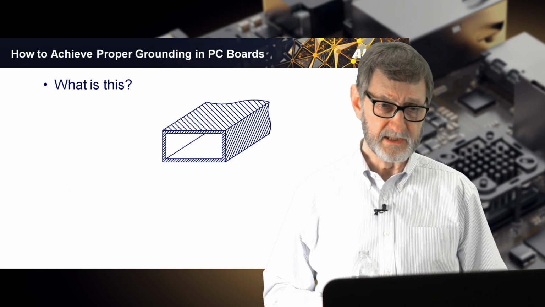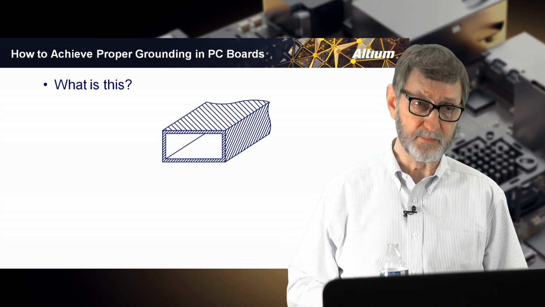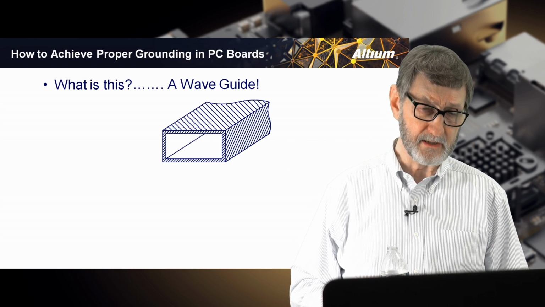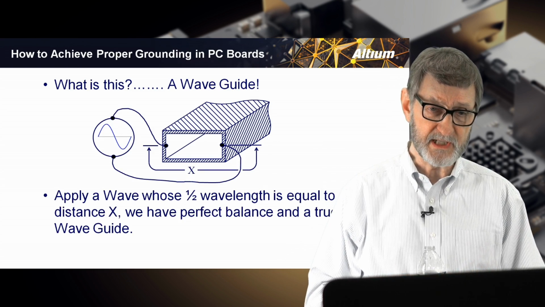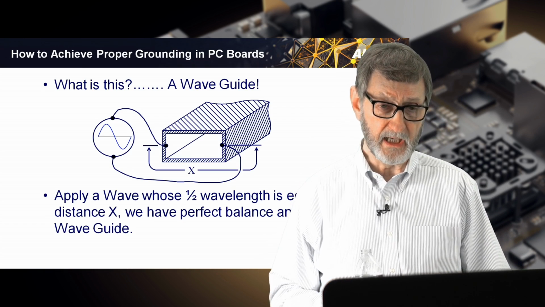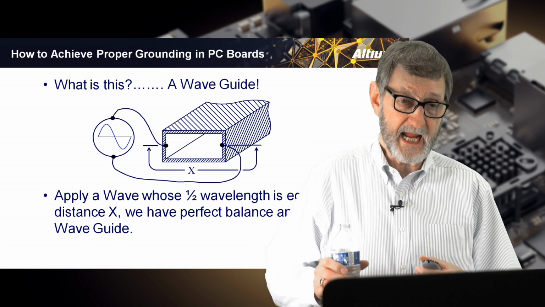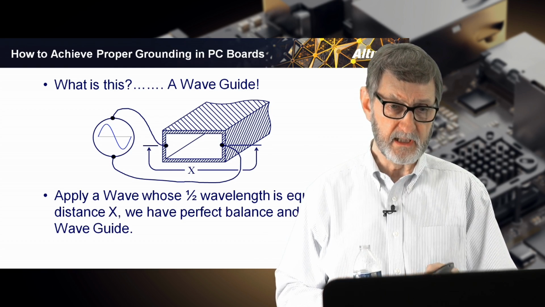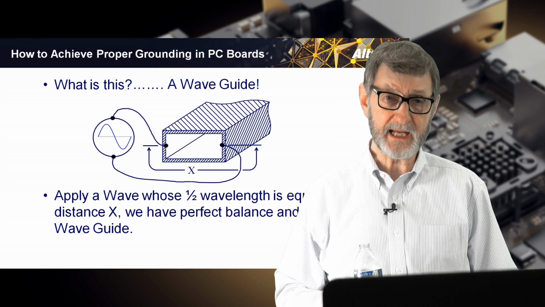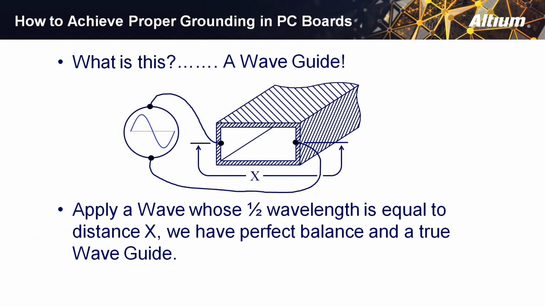What is this? I just said that the trace and plane on a board are a waveguide. This too is a waveguide. It's a tubular waveguide made out of metal. If you were to launch energy into this tubular waveguide, and this isn't how you would do it, where the half wavelength point was equal to the dimension x, which is halfway around that tube, you'd get a standing wave of energy in that tube, and that energy would transmit down the tube from point A to point B, allowing the energy to move from the transmitter, in this case, to the receiver.